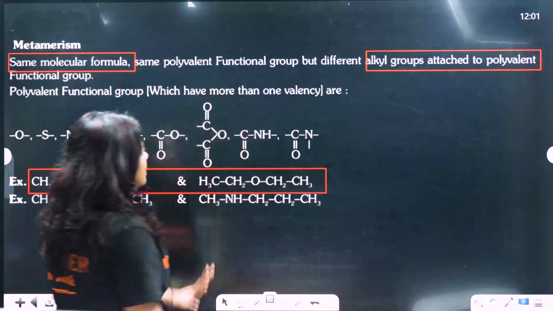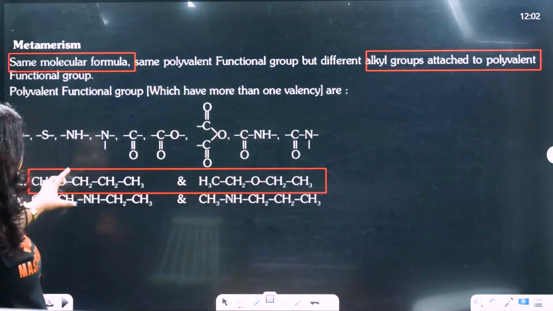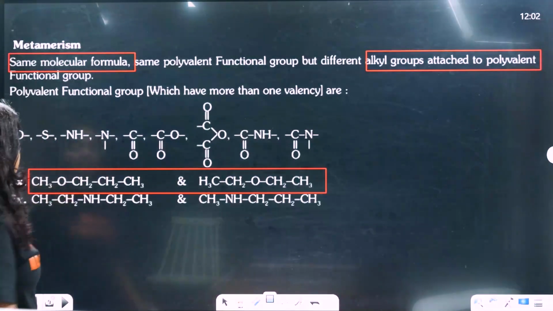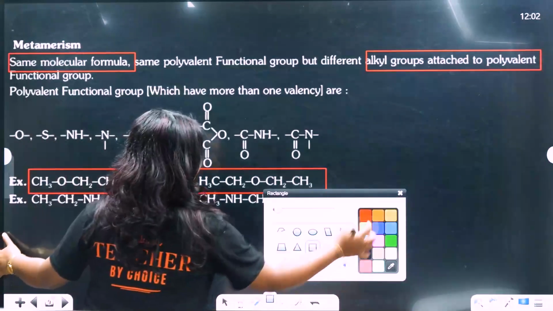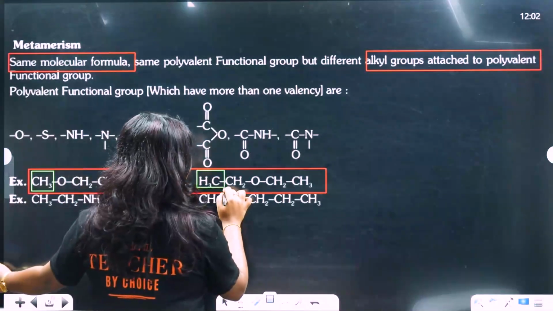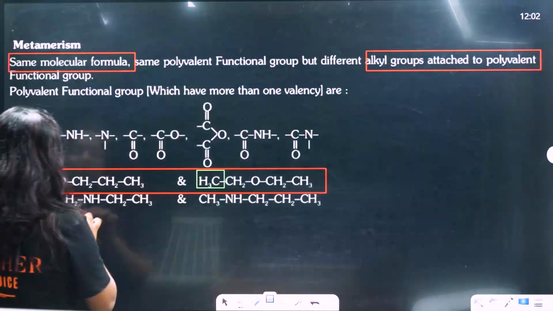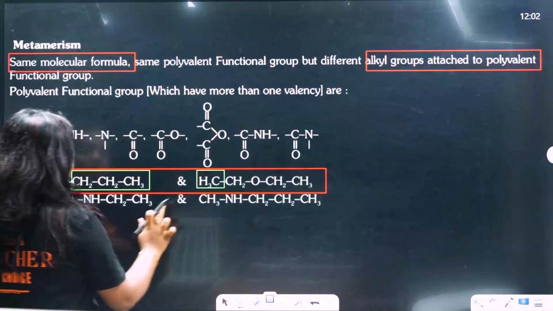Their functional group is the same, correct? Their functional group is the same, oxy only, but here this is CH3, here also CH3, but here CH2.